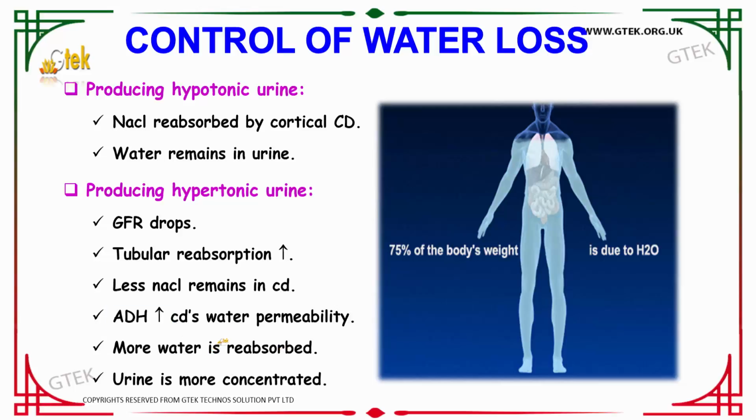Then more water is reabsorbed. When more water is reabsorbed, the urine is more concentrated. So when it is more concentrated, the urine that is produced is known as hypertonic urine.